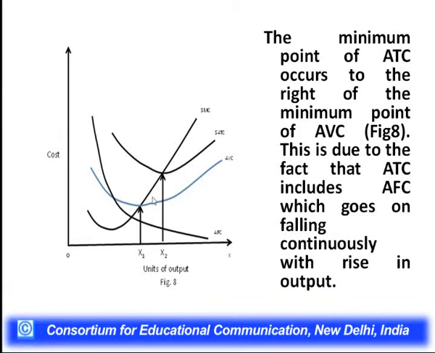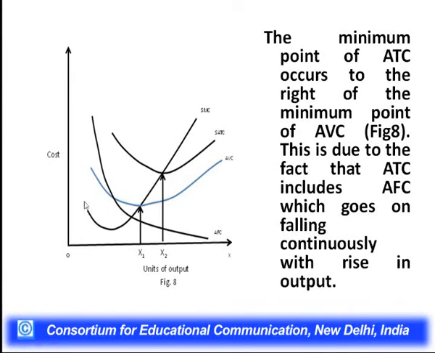So that is why this average total cost goes on declining till OX2 output. But after that, the rise in AVC is more than the fall in AFC, or you can say the rise in AVC offsets the fall in AFC. So that is why this short run average cost goes on increasing after the point of output OX2.